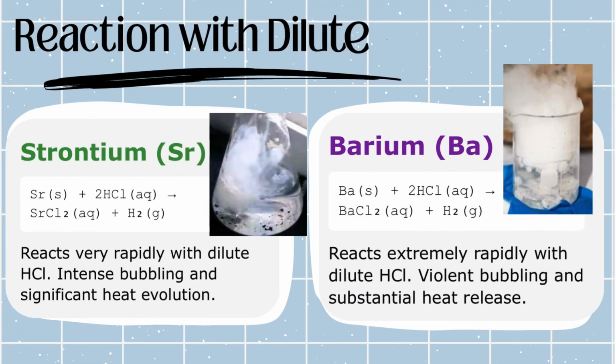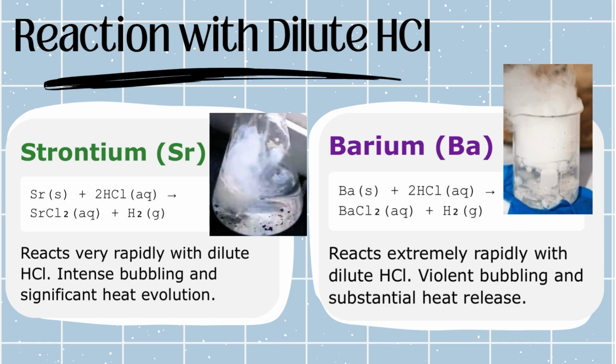So now let's proceed to strontium. Strontium plus 2 hydrochloric acid will lead us to strontium chloride plus hydrogen gas. Strontium reacts very rapidly with dilute hydrochloric acid. As we observe in the image, there is an intense bubbling and significant heat evolution.